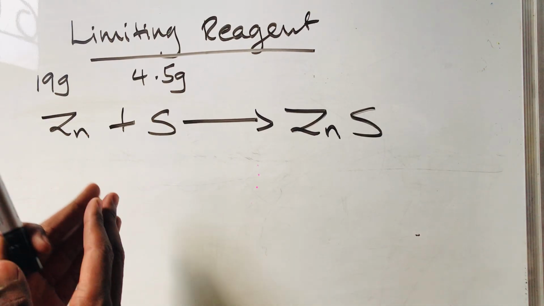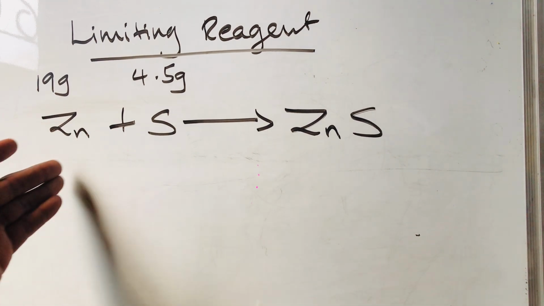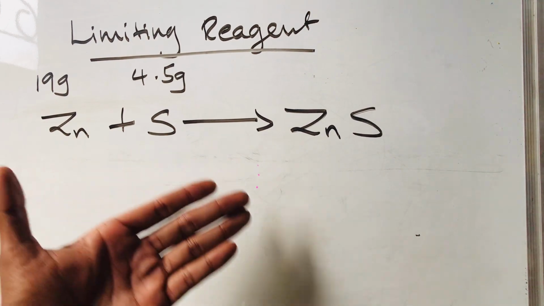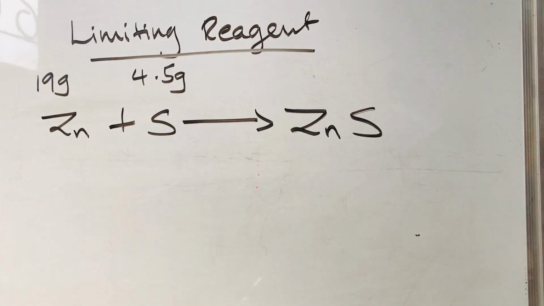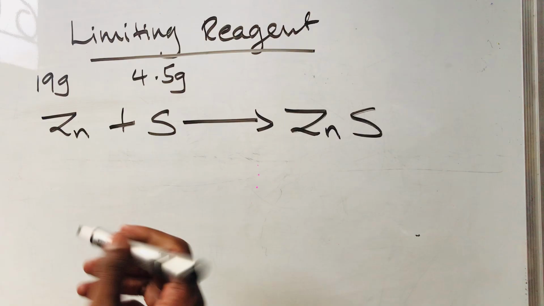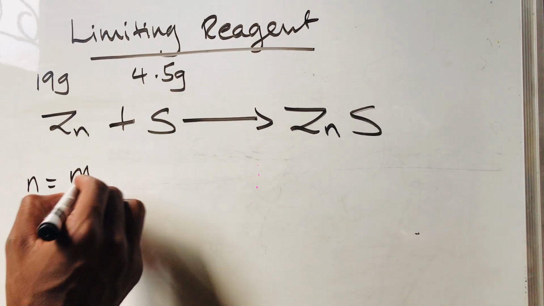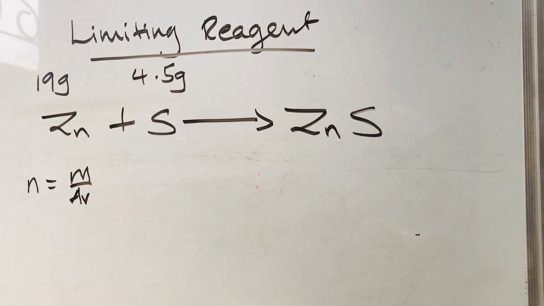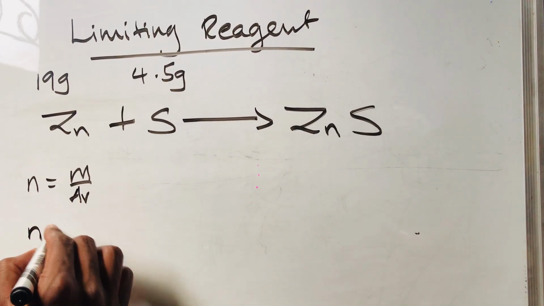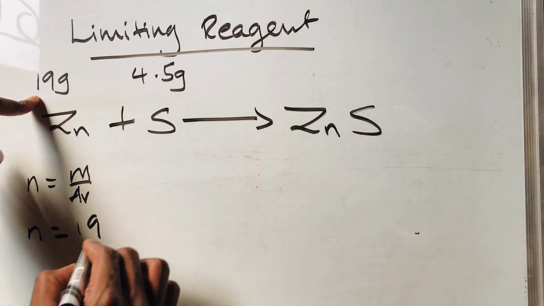Now whenever the mole ratio is 1 to 1, when calculating the limiting reactant, just find the number of moles of those reactants. The one with the smallest figure is the limiting reactant. So let us start with zinc. The number of moles equals mass over the molar mass or the relative atomic mass. The mass of zinc given is 19.